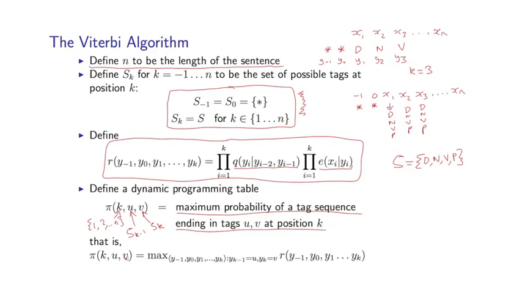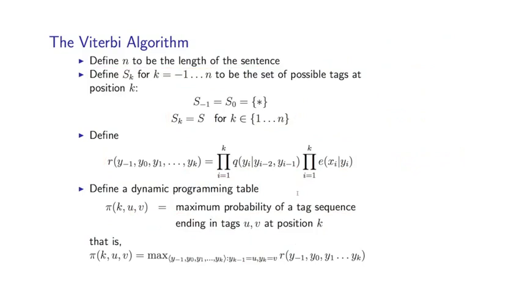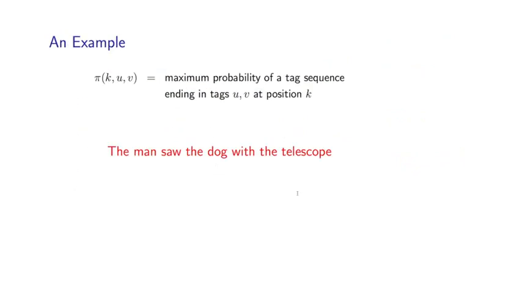More precisely, pi k u v is a max over all sequences with k tags, y1 through yk, preceded by y minus 1, y0. These are both star, always assumed to be star, such that y k minus 1 equals u, y k equals v, of this r function I've shown you here. So that's the formal definition. Let me give you a particular example on the next slide.